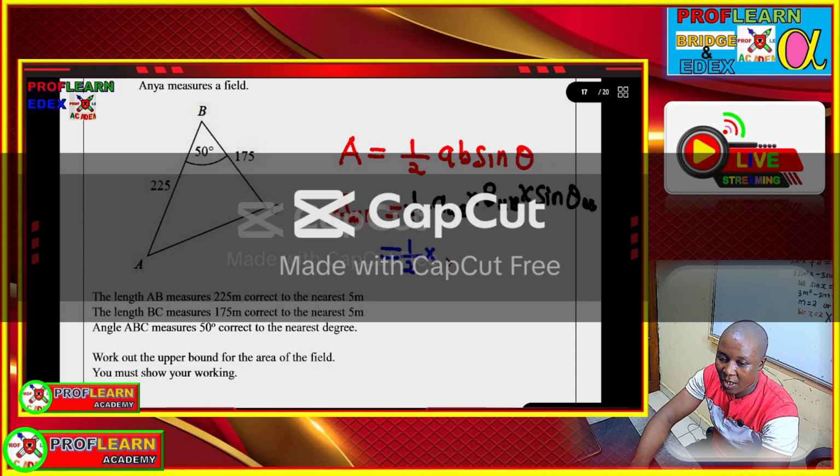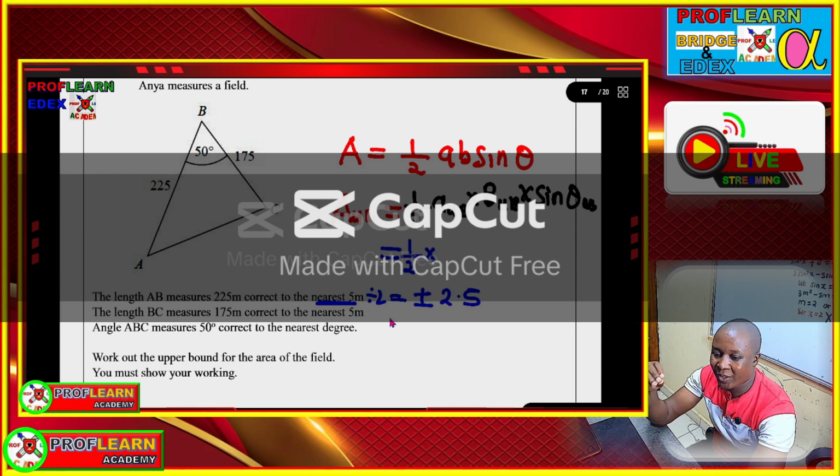Already we are given that AB is 225 to the nearest 5 meters, so the absolute error is 5 divided by 2, which is plus or minus 2.5.